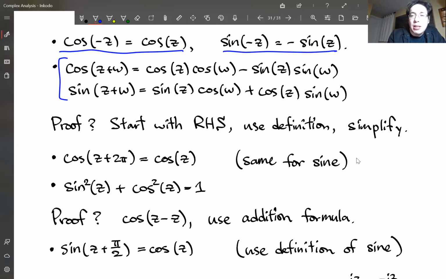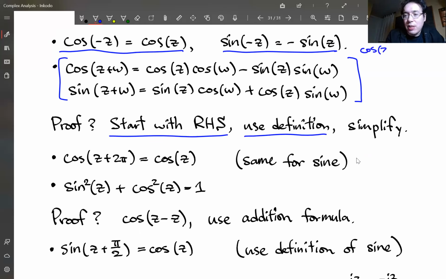This is the angle addition formula that you probably have seen in your trig class. The way to prove this, I don't want to do it in this video because it's long. But basically, you want to start with the right-hand side, use the definition. And when I say the definition, I mean this definition: cosine is e to the iz plus e to the negative iz all over 2.